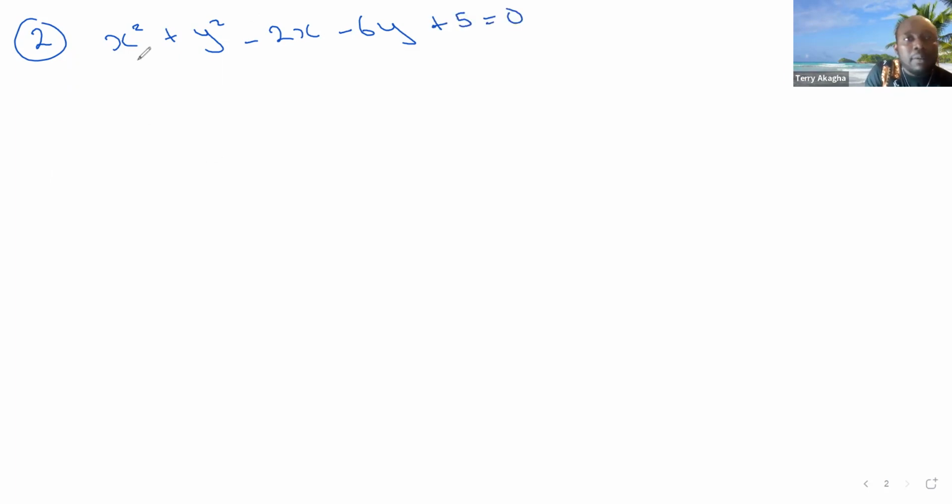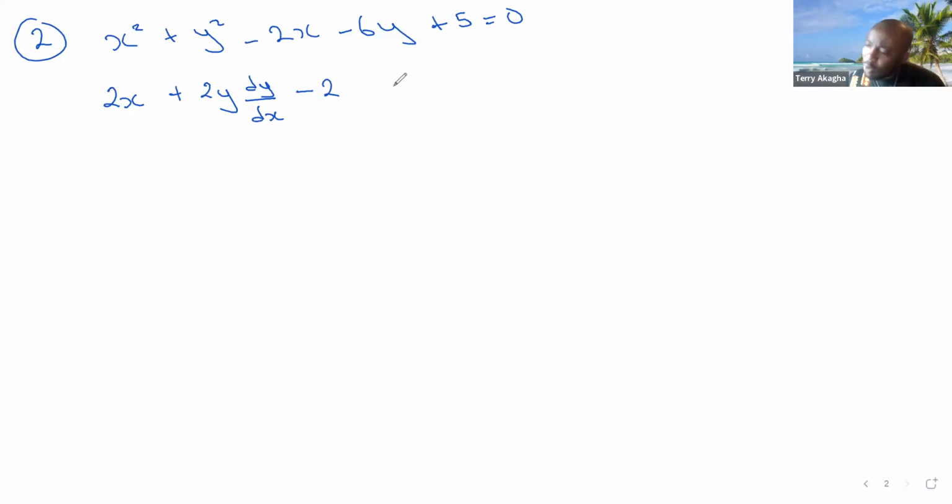Same thing. I differentiate x squared, it's going to give me 2x. I differentiate y squared, it's going to give me 2y dy over dx. I differentiate minus 2x, it's going to give me minus 2. And I differentiate minus 6y.